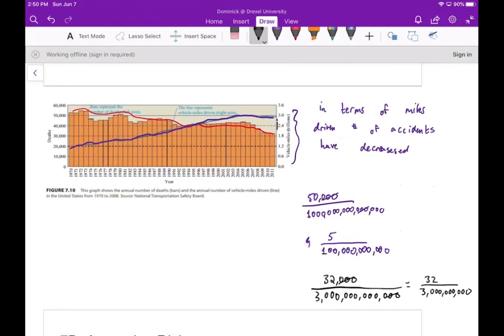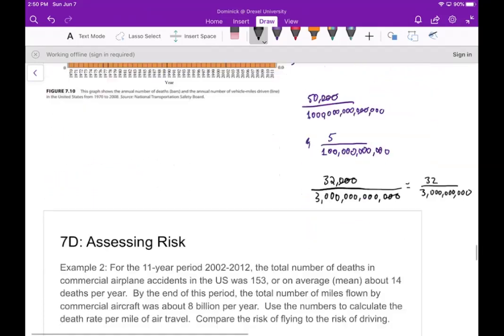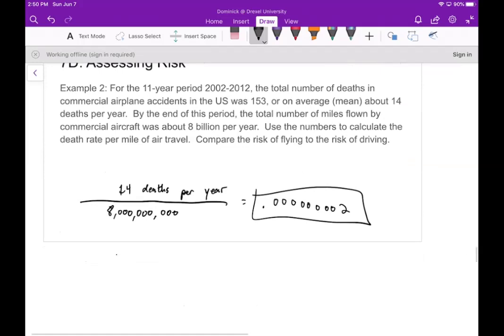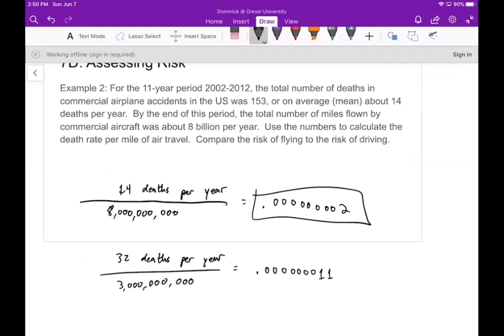for example, we have, let's say now we have 32 deaths per year over 3 billion. And if we compute this, 32 divided by 3 billion, you're going to get 0.000000011.